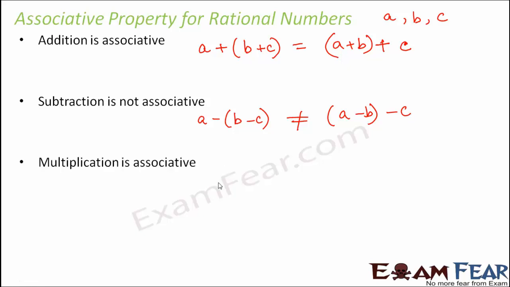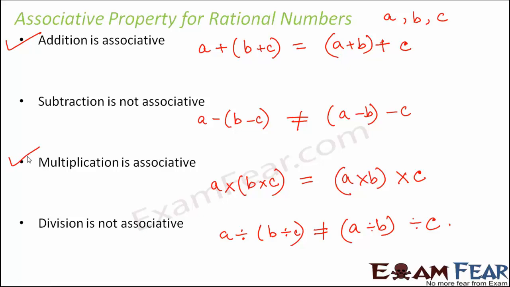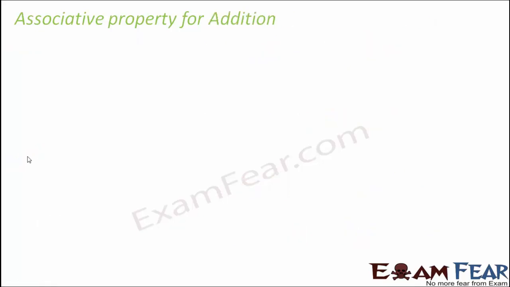When it comes to multiplication, again it is associative, that is, A multiplied by (B into C) is equal to (A multiplied by B) multiplied by C. So changing the grouping keeps the product the same. Division, A divided by (B divided by C) is not equal to (A divided by B) divided by C. So we see that only addition and multiplication are associative, others are not. So again, we will prove the same things taking examples of rational numbers.